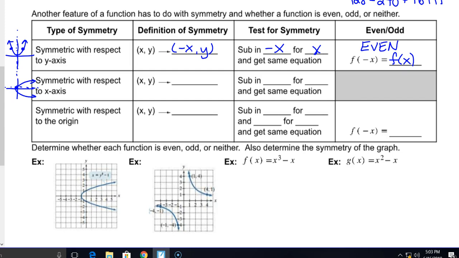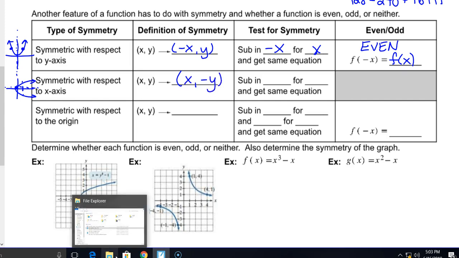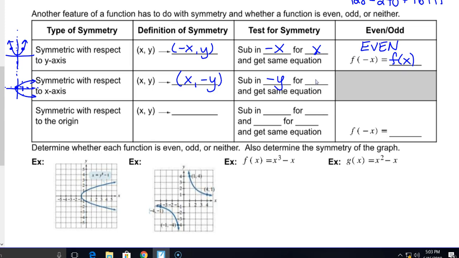But we can still talk about symmetry. Now what happens is if I have this x value, then I have a y value and a negative y value. So x comma negative y is a point that's on my graph. And if I sub negative y in for y, then we get the same equation. Okay, now it's not going to be an even or odd function because this is not a function.